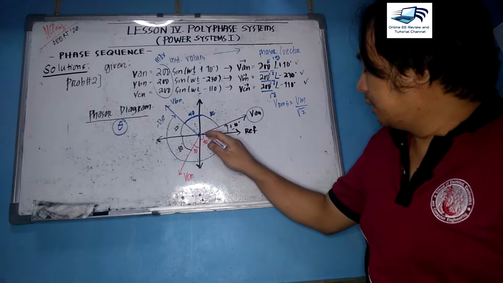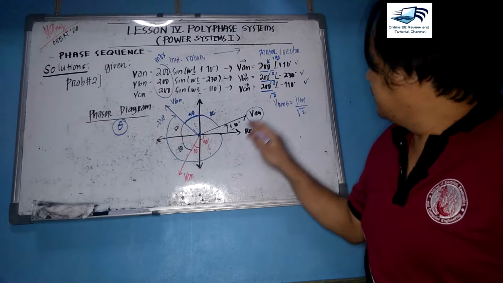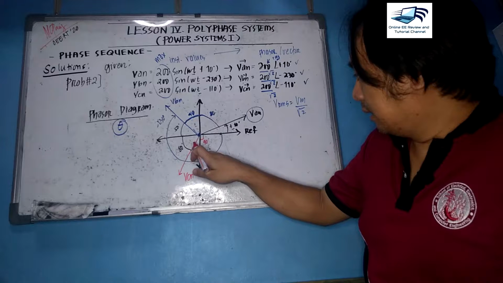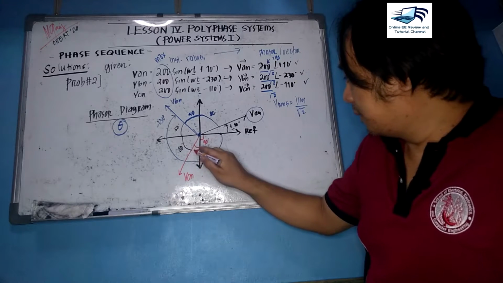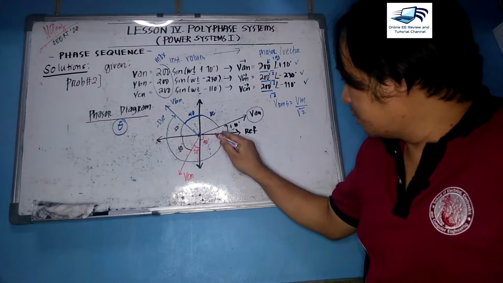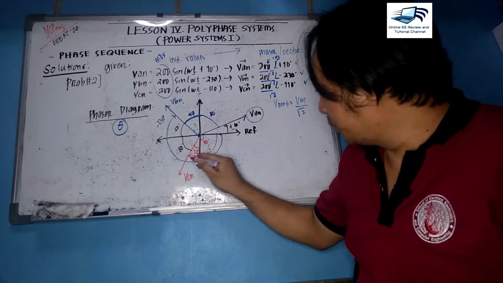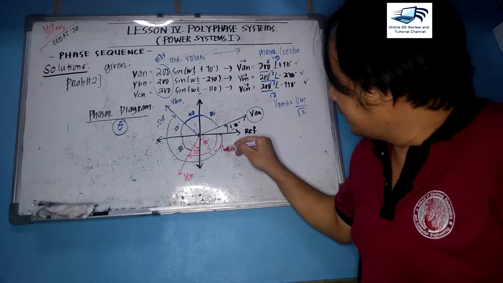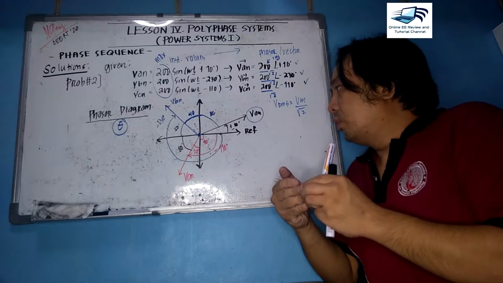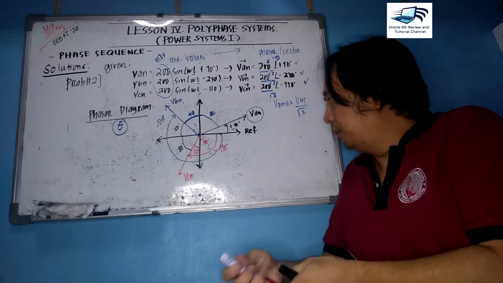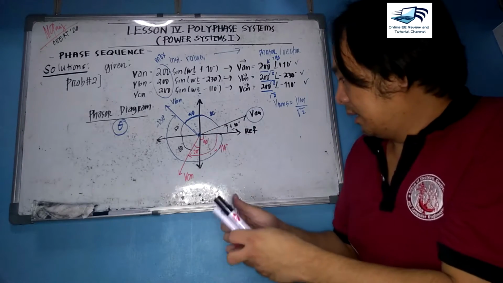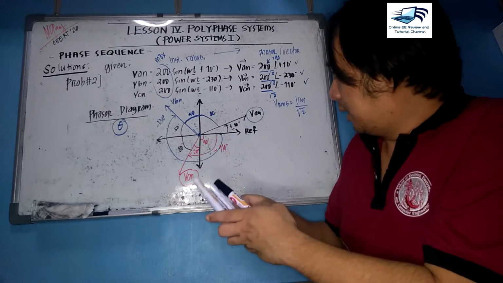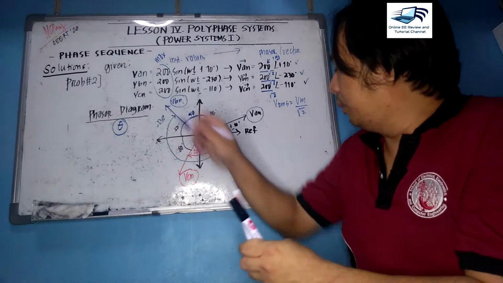So you have your 90 here, okay, 90 degrees. And then this is actually 20 degrees. Okay, so from here up to here, you have negative 110 degrees. So you can check if the angles between the voltages VCN, VAN, and VBN are 120 degrees with respect to each other.